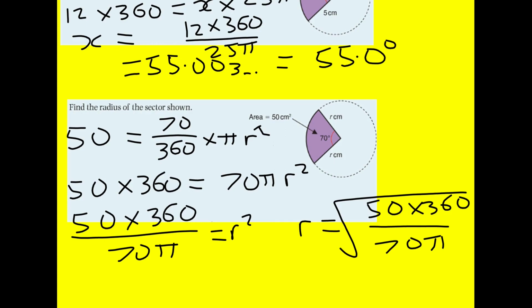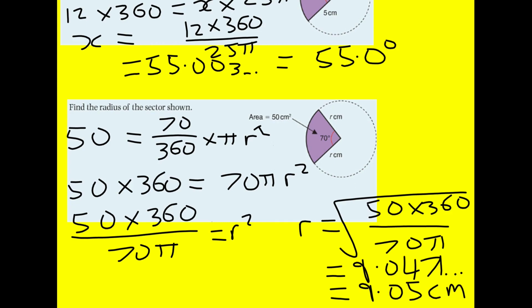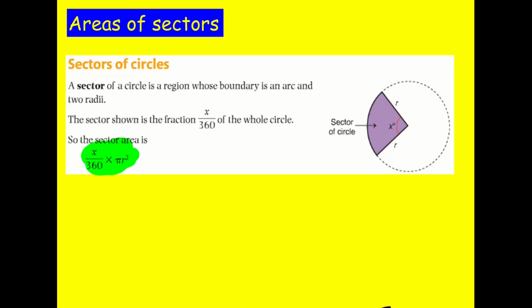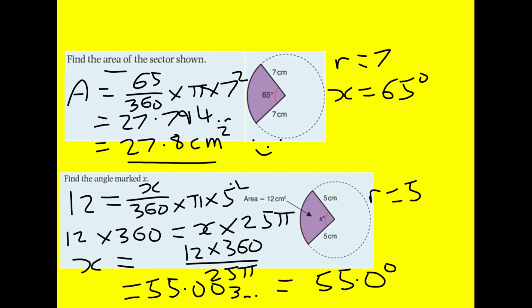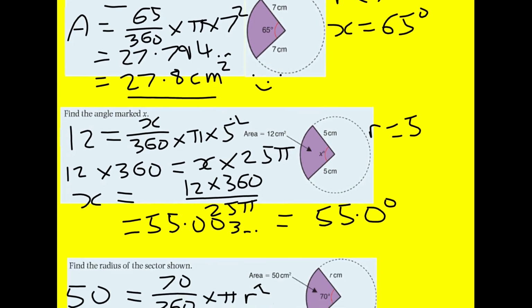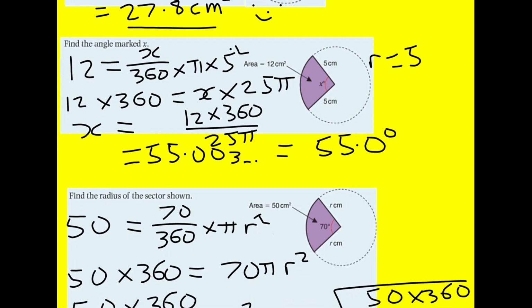Press the pi button and you should get 9.0471 and so on, which is 9.05 centimeters. I'd accept 9.1 as well, and that's it really. So all we're really doing is we've obtained another formula, but this time for the area. Same reasoning as before for the arc length. We can find areas, we can find angles, we can find the radius if we need to.